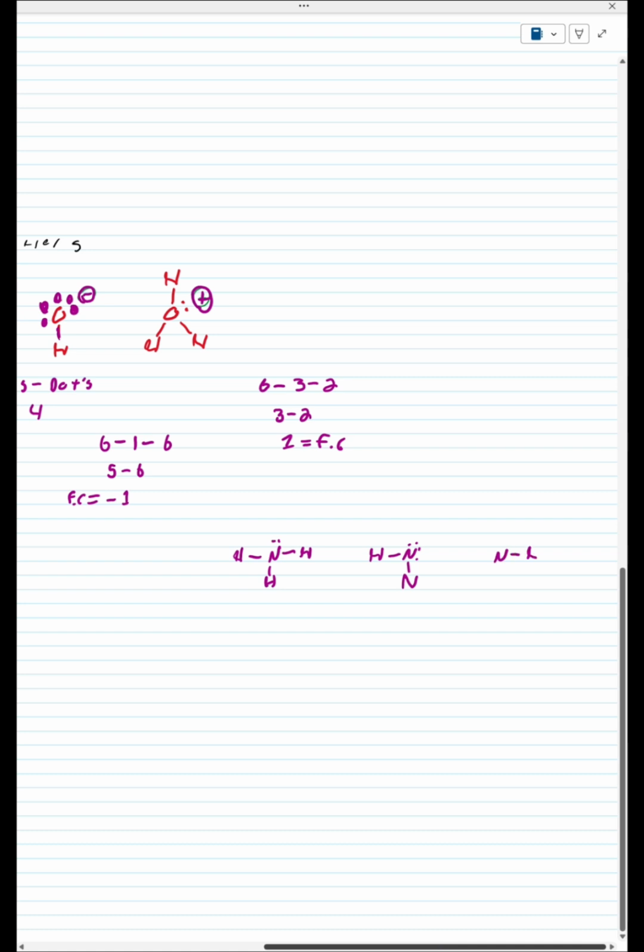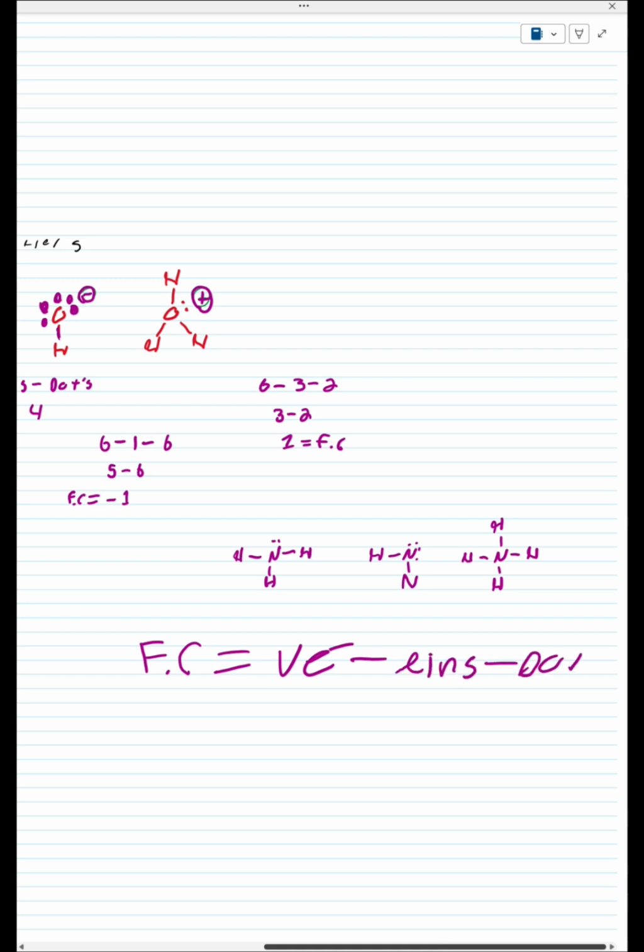So if you can remember them, that would be easier over time. You will probably remember them. But if you just remember formal charge equals valence electrons minus lines minus dots, you will be successful.